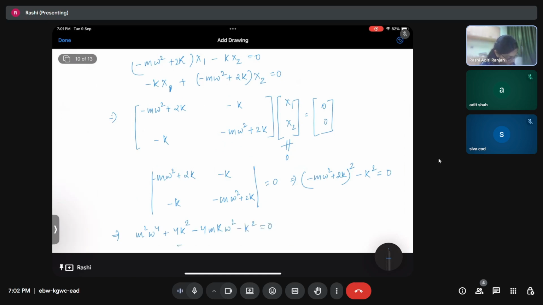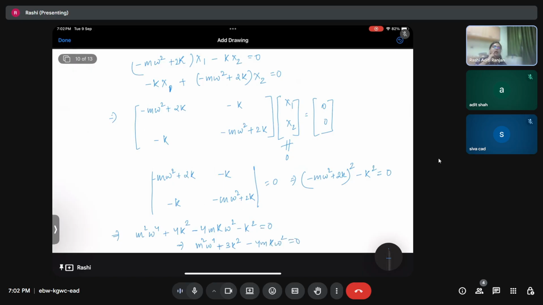This will give us the equation m square omega to the power 4 plus 3k square minus 4 m k omega square is equal to 0. So this is a polynomial of order 4.